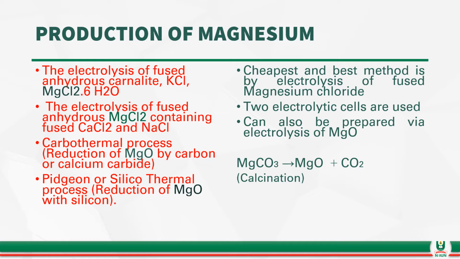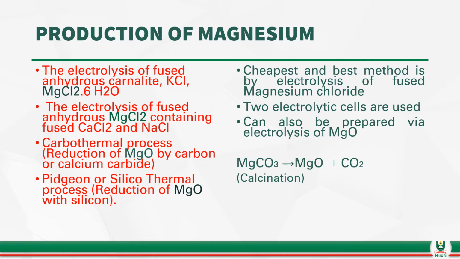Now, if we look at these four processes, we could notice that two compounds are repeated. Can you identify them? Yes, magnesium chloride and magnesium oxide. So these are the two compounds from which magnesium metal is produced, either by the thermal process or by electrolysis.